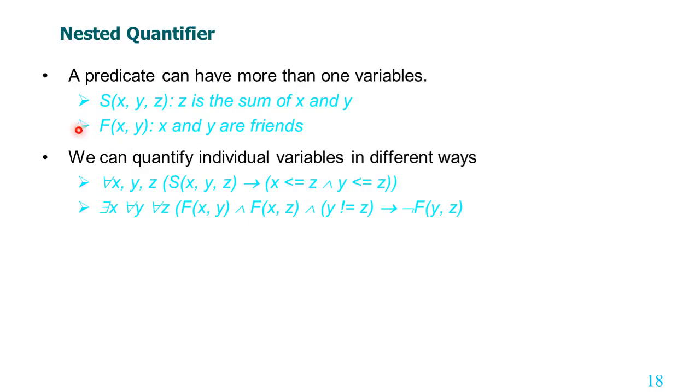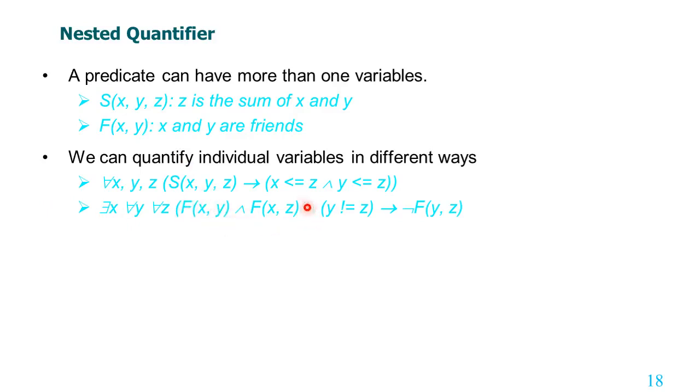In the second statement we can quantify the predicates differently: there exists an x, for all y and for all z. Here x, y, z are human beings. If we have to make a sentence like this: y and z are not friends of each other.